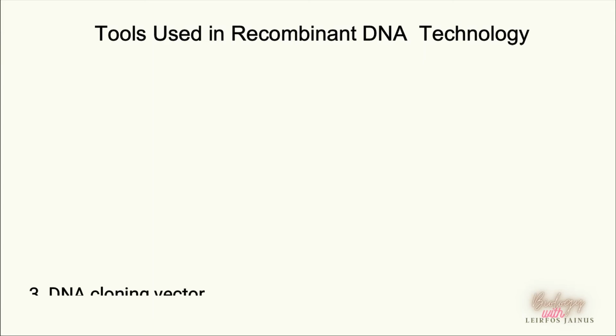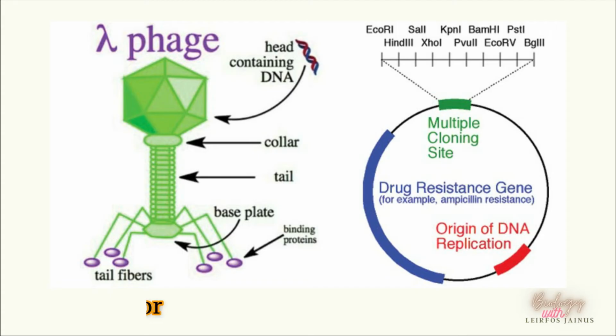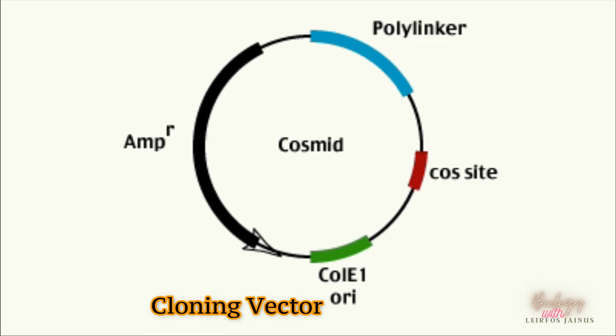Cloning vector must be able to accept foreign DNA on its multiple cloning site, able to replicate freely because it has its own origin of replication, and also possess selectable genetic marker, that is gene that code for antibiotic resistance. Here are examples of cloning vectors such as bacteriophage, cosmid, and the yeast artificial chromosome.